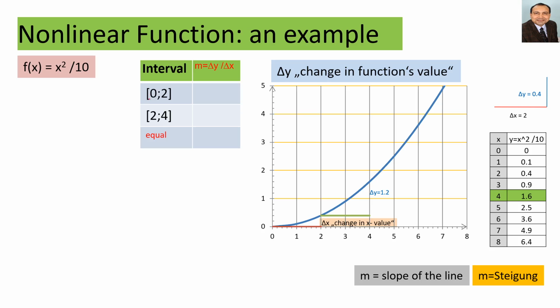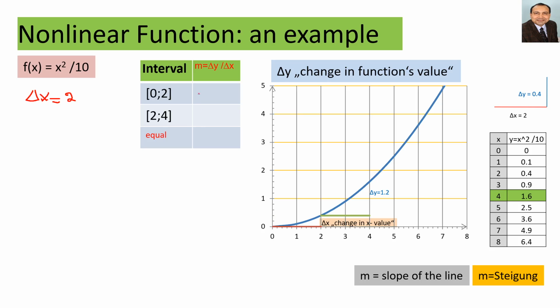Take the closed interval from 0 to 2, x from 0 to 2. For this we have delta x, the difference in x value, which is 2. For the change in y value, for example, this axis is divided into 5 parts, so each part is 0.2, 0.2, 0.4.